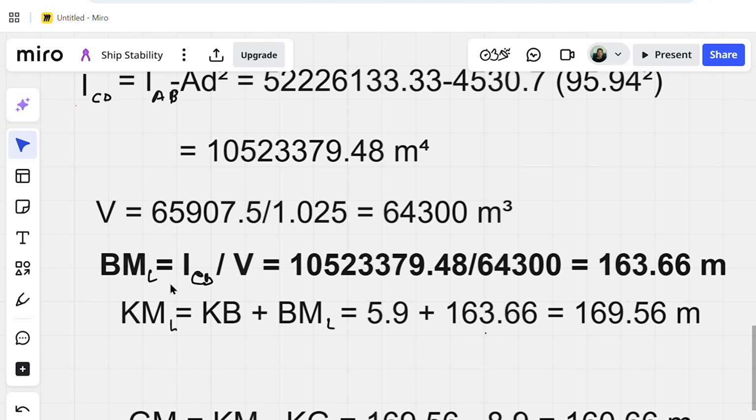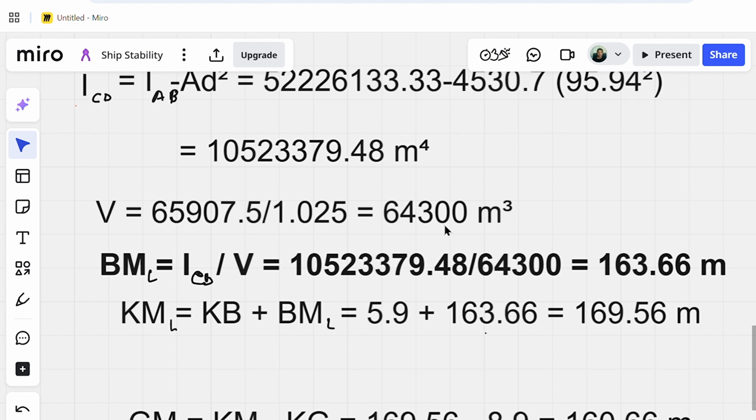And now the formula for BML. BML formula is the longitudinal moment of inertia I about the axis passing through center of flotation, which is CD in my case, divided by underwater volume. So moment of inertia about center of flotation I get from here, 10523379.48.